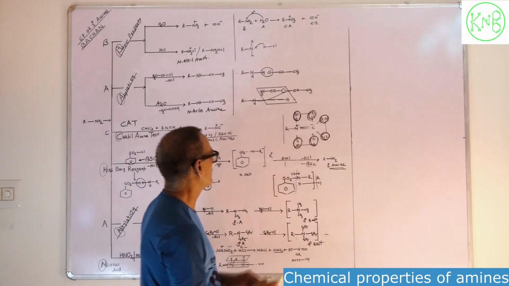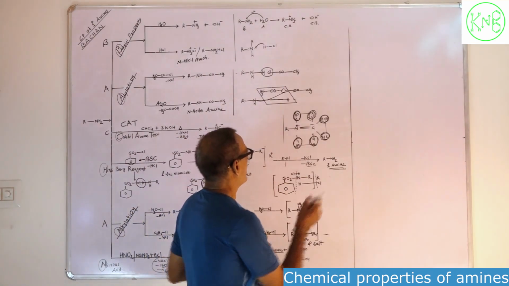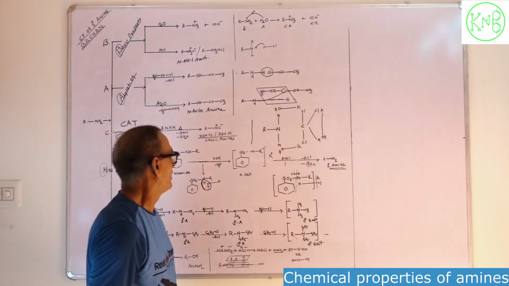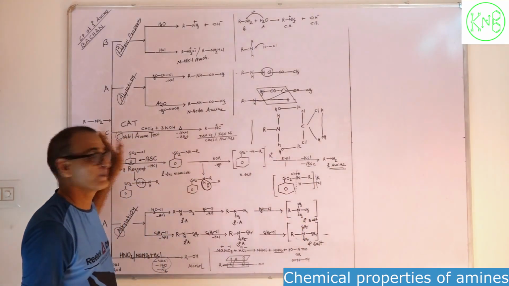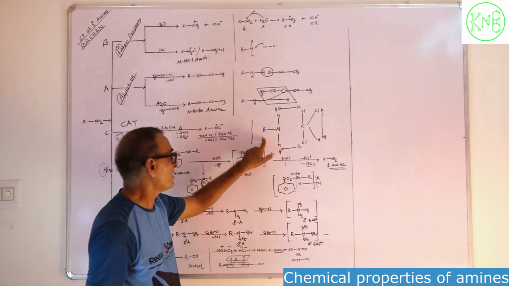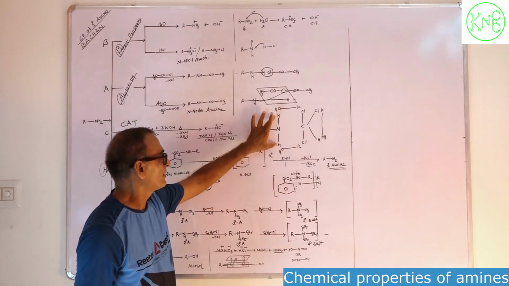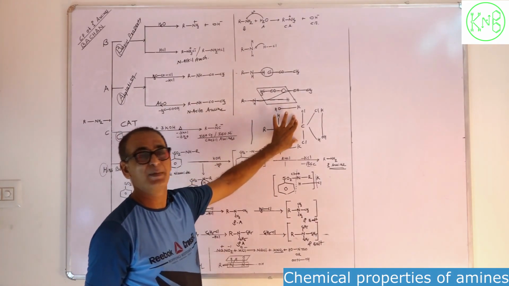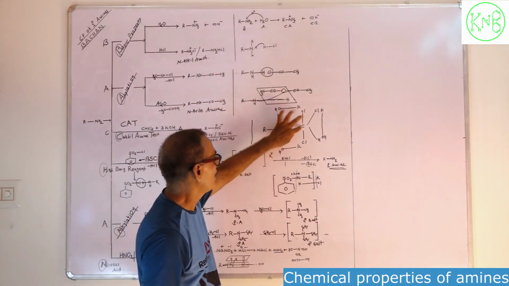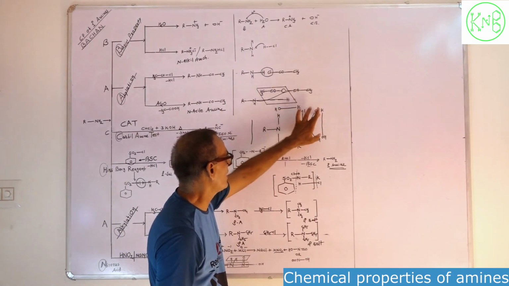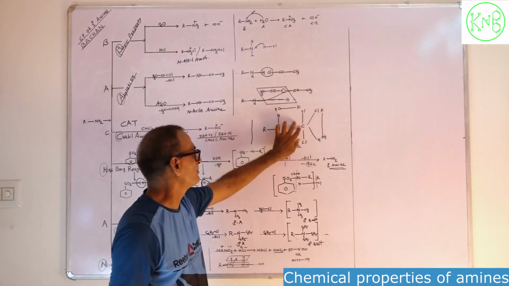RNH2. In case of a primary amine, RN, with two hydrogens, write it like this. CHCl3, chloroform: C, H, and 3 chlorine atoms attached with the carbon atom.